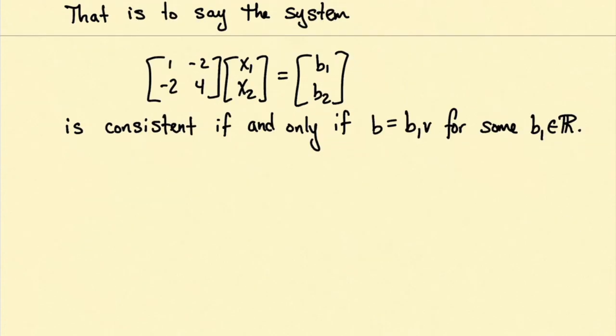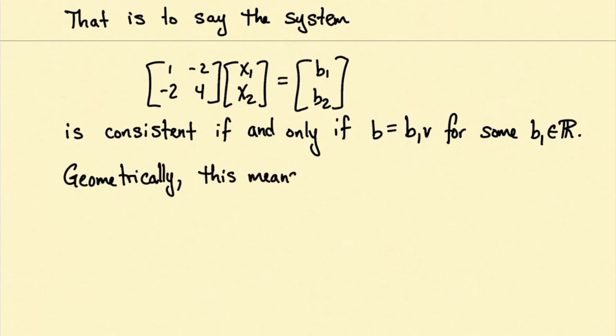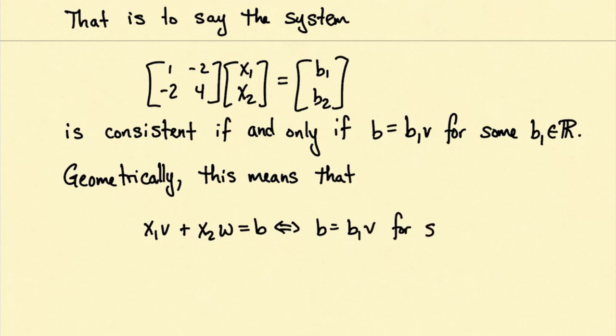So to reflect on the geometric content of this example, let's consider what this means. Geometrically, if we interpret the left-hand side of our matrix equation as the linear combination x1 times the first column, v, plus x2 times the second column, w, it is equal to b if and only if that vector b is a scalar multiple of the first column, v.